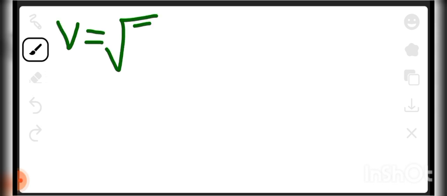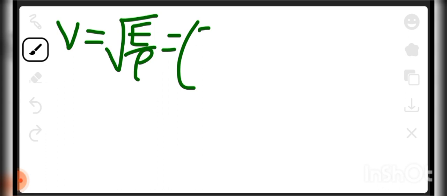All right, now let's look at this question as question 3. If the velocity of sound in any medium is given by the relation V is equal to the square root of E over rho, or you can also give it this way, E over rho raised to power half.